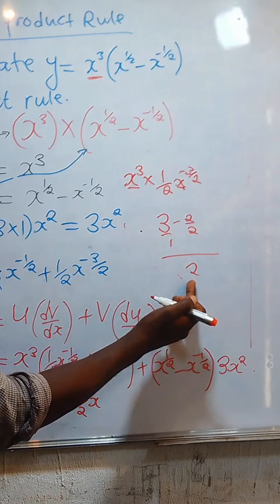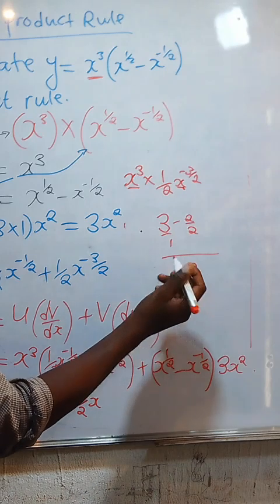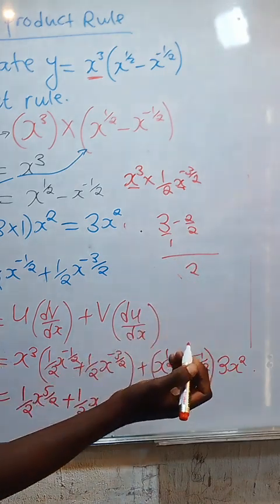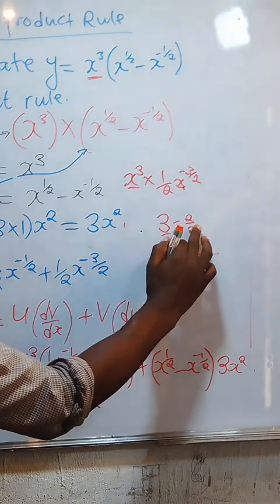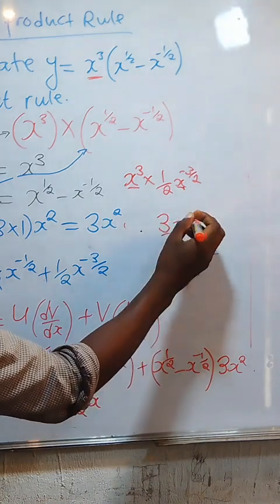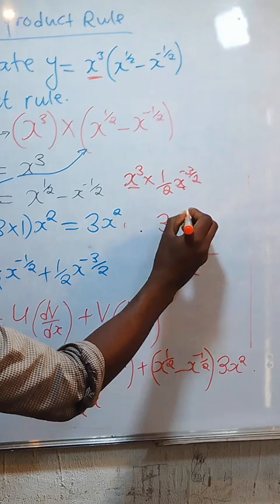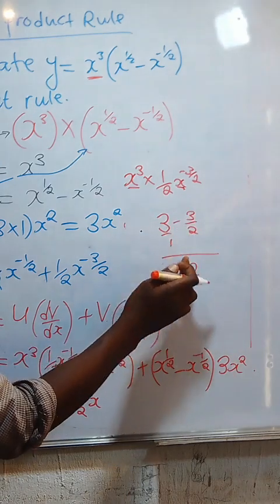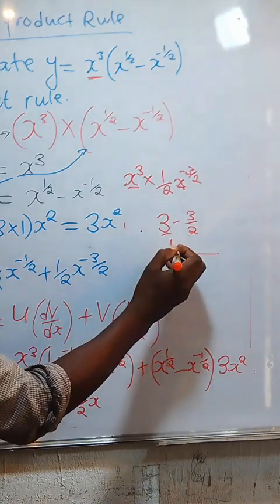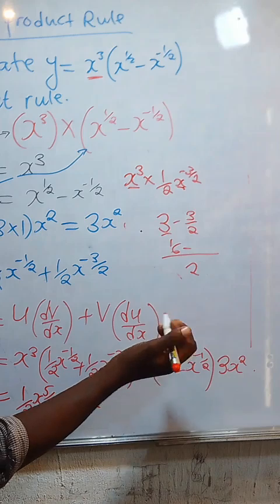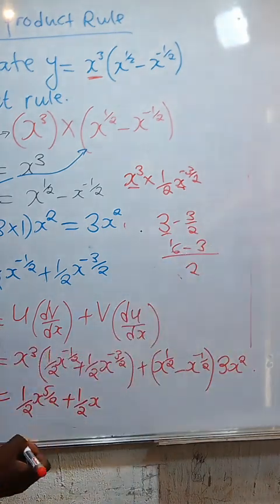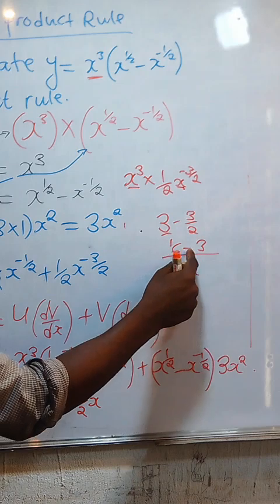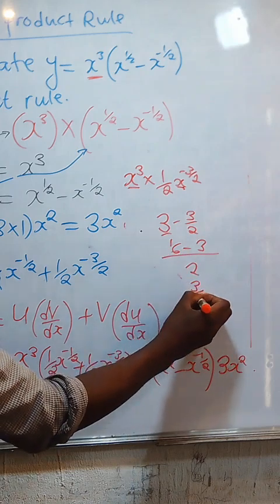So 1 to 2 is just 6, okay? Is this not the same thing? Okay, 6. So this into that, it's 2 times this, 6 minus, okay? This is 1 times 3, you're going to have this. So now 6 minus 3 is just 3 over 2.